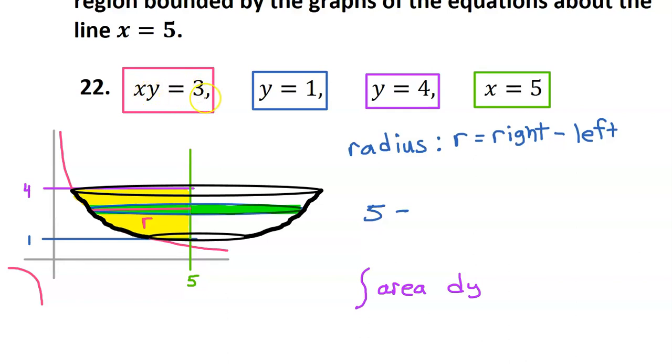So, dividing both sides by y, we get x is equal to 3 over y. So, back to our expression for the radius. We were doing right minus left. So that was 5. Now we're going to say minus 3 over y.